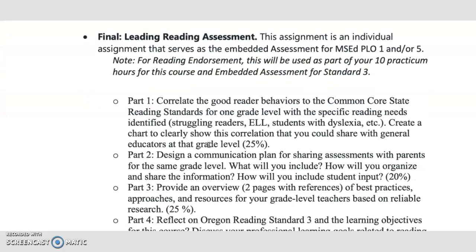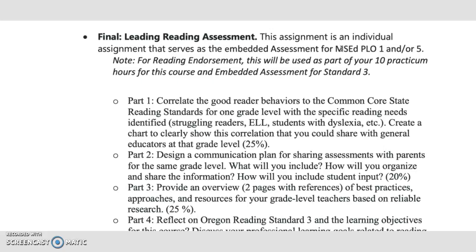And then the final, I do want to spend just a little bit of time. I like to know for myself where I'm going. So this final serves as an embedded assessment for your degree in the MSED program. If you're seeking a degree, our program learning outcomes number 1, which is curriculum and making informed instructional practice decisions, or number 5, which is the leadership and collaboration.